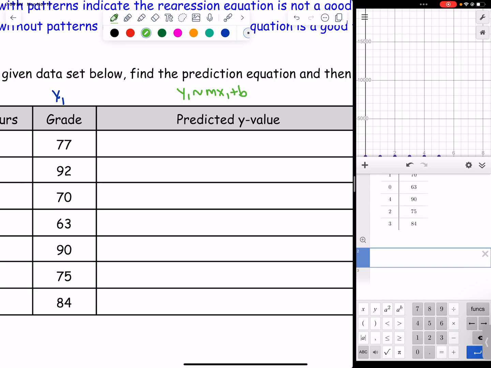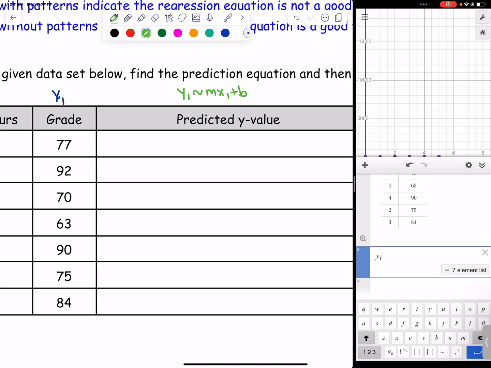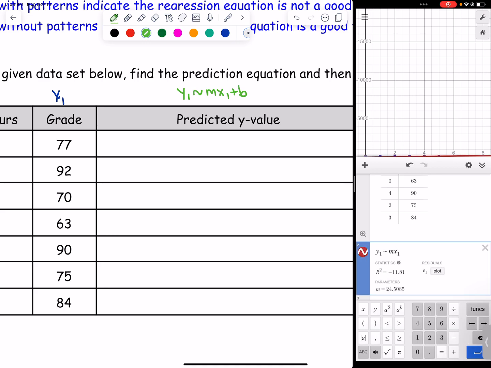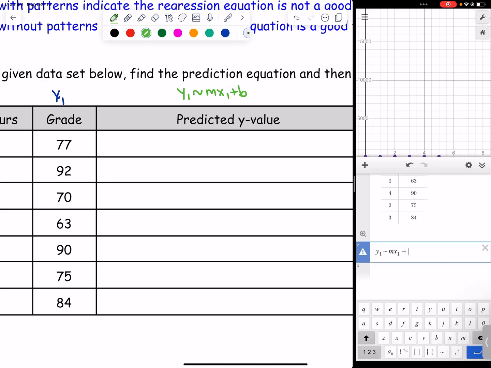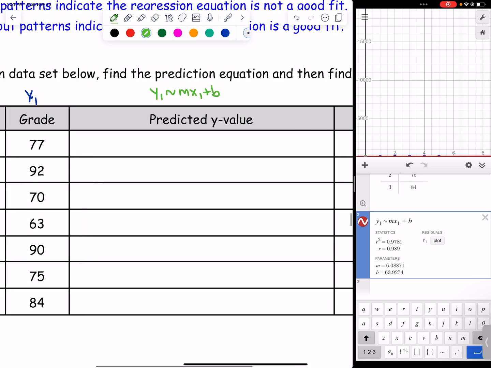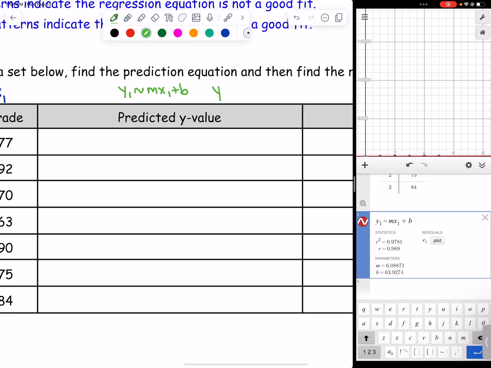Okay, so y sub 1 is approximately m x sub 1 plus b. And let's write that out. So we have y equals 6.08.